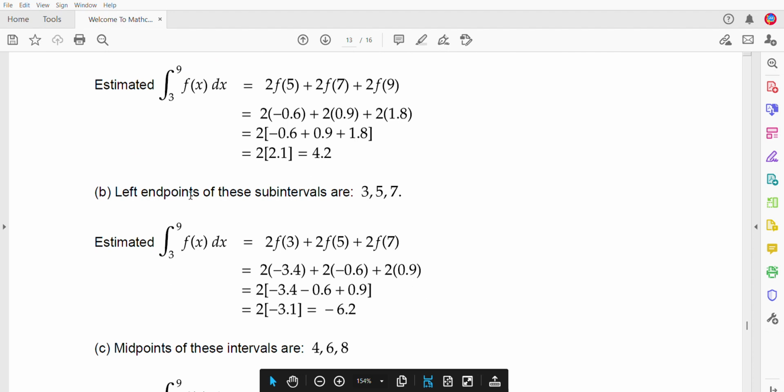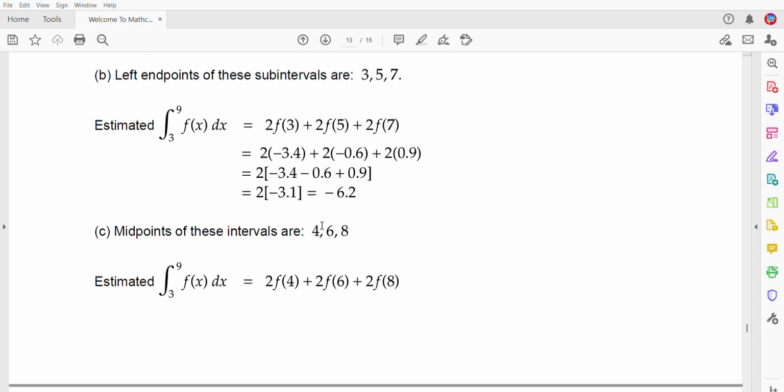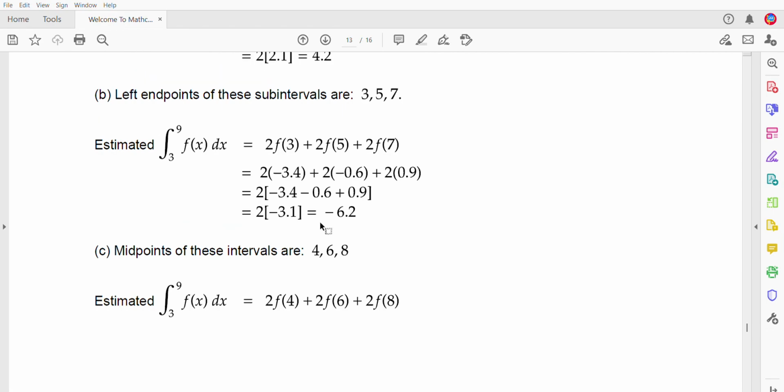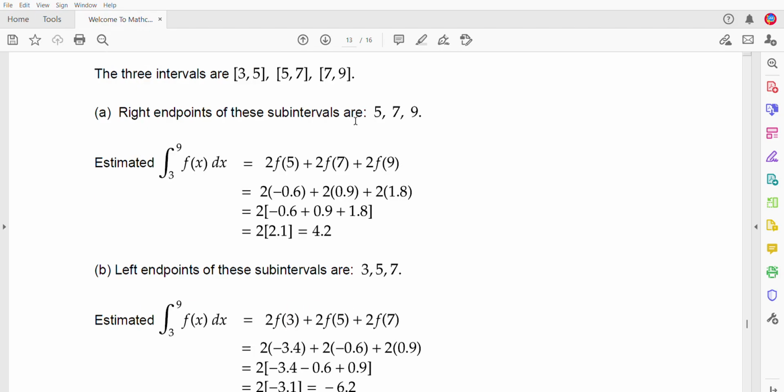The last example here is with midpoints. Notice the midpoints of my intervals. What is the midpoint from 3 to 5? 4. The midpoint from 5 to 7 is 6. The midpoint from 7 to 9 is 8. So 4, 6, 8 are my sample points.